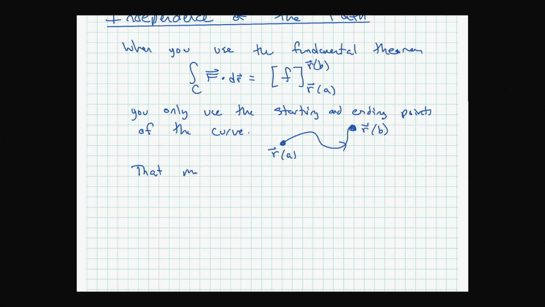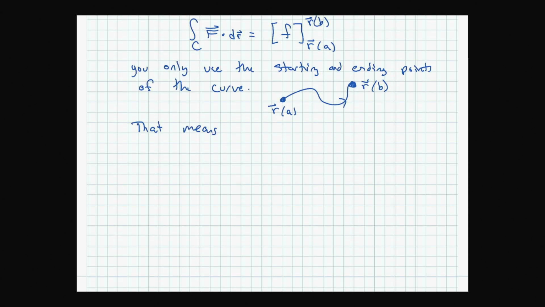That means that the integral over c1 of f dot dr equals the integral over c2 of f dot dr. This is only for a conservative f, right?